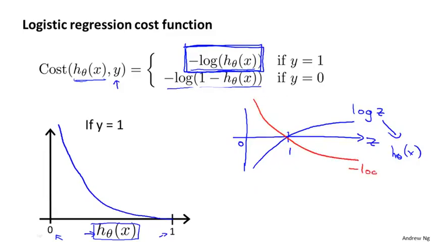Just flipping the sign, minus log z. And we're interested only in the range of when this function goes between 0 and 1. So get rid of that. And so we're just left with this part of the curve, and that's what this curve on the left looks like. Now, this cost function has a few interesting and desirable properties.